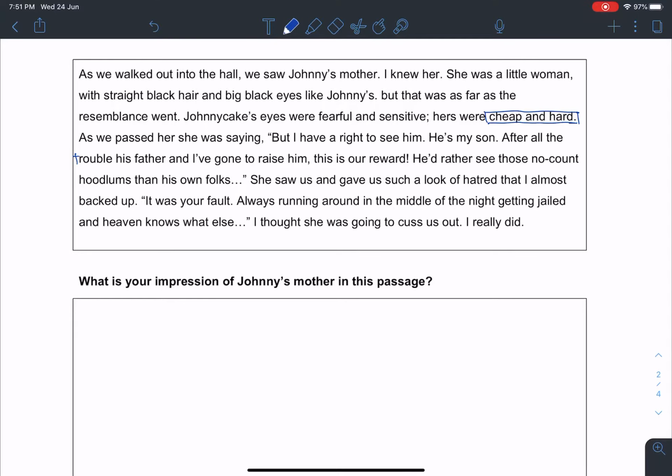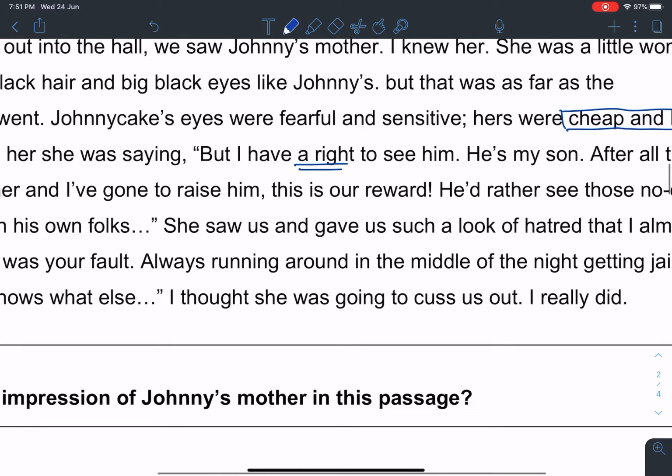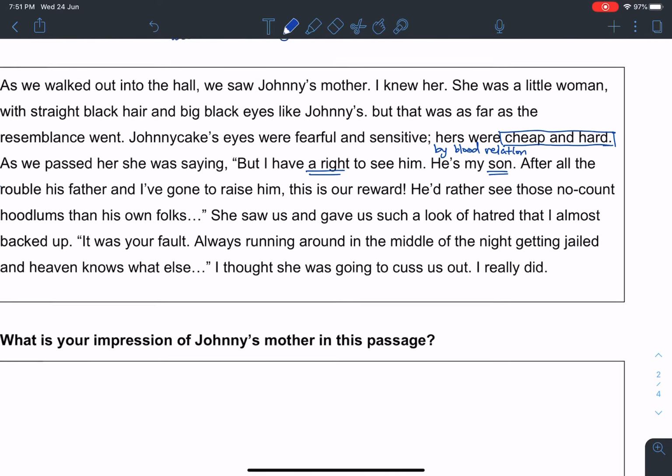So what kind of person is she that she says she has a right? Does she have a right to see him? Yes, Johnny is her son by blood relation. But the question is, of course, has she treated him like her son? So let's have a look at how she describes Johnny.